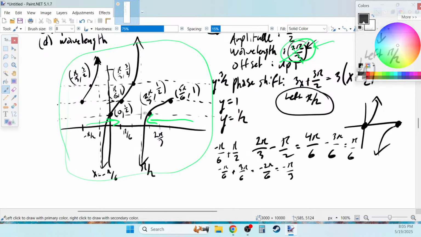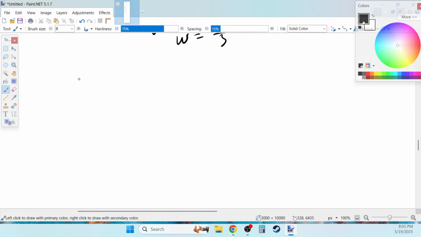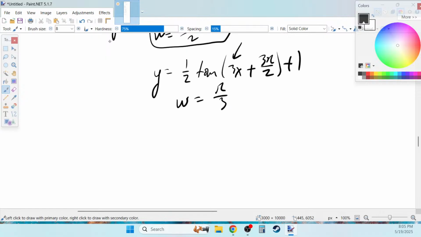Okay. So we have our tangent function with the correct wavelength now. Amplitude is still 1/2. The phase shift is usually written as a phi. This is the Greek letter phi, pi over 2.